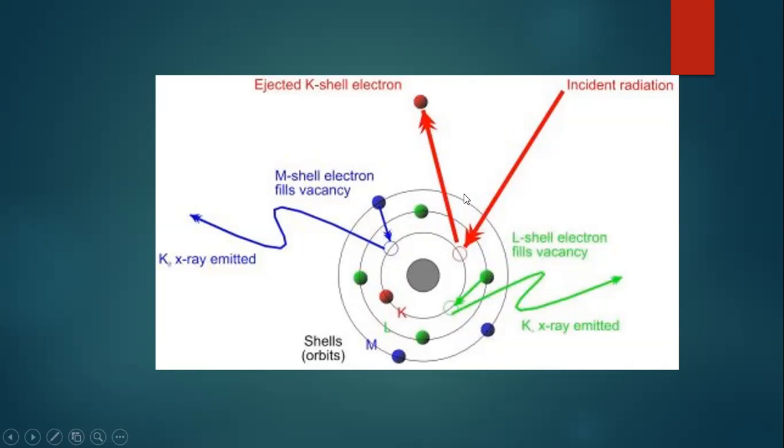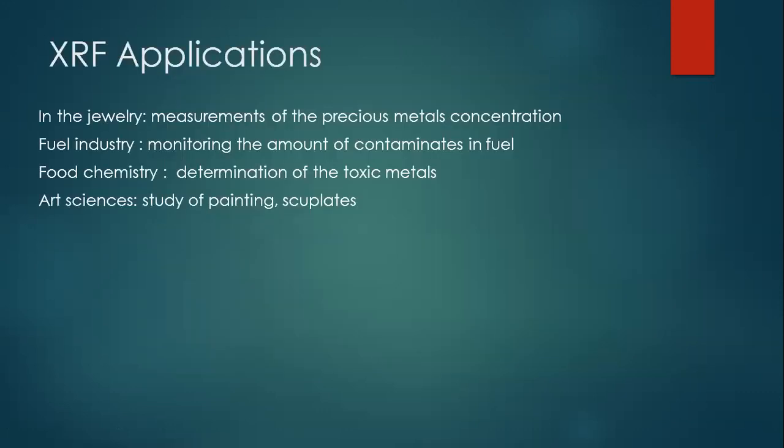So the main function of the XRF depends on how the X-ray is emitted, how it goes into the sample, and how its energy can affect the orbits or the shells of the sample that we have.